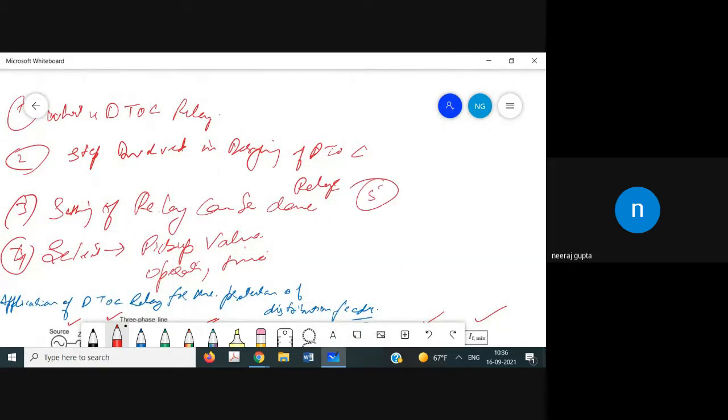Fifth is how to select the current values of CT. Then after that, why the setting will be started at the tail end of the relay.